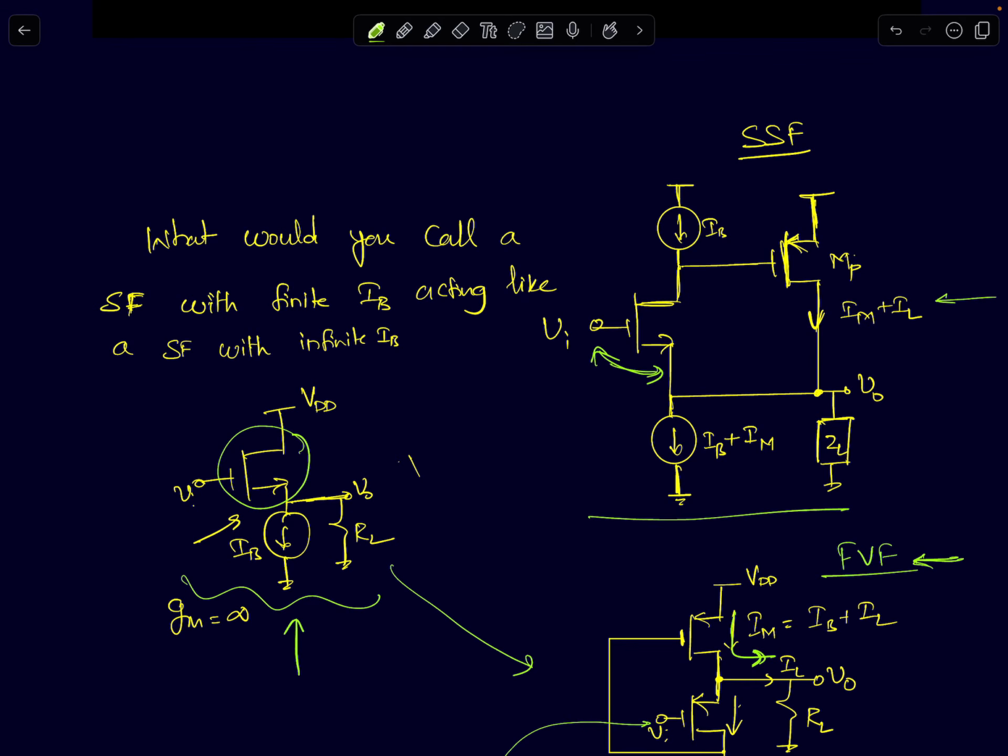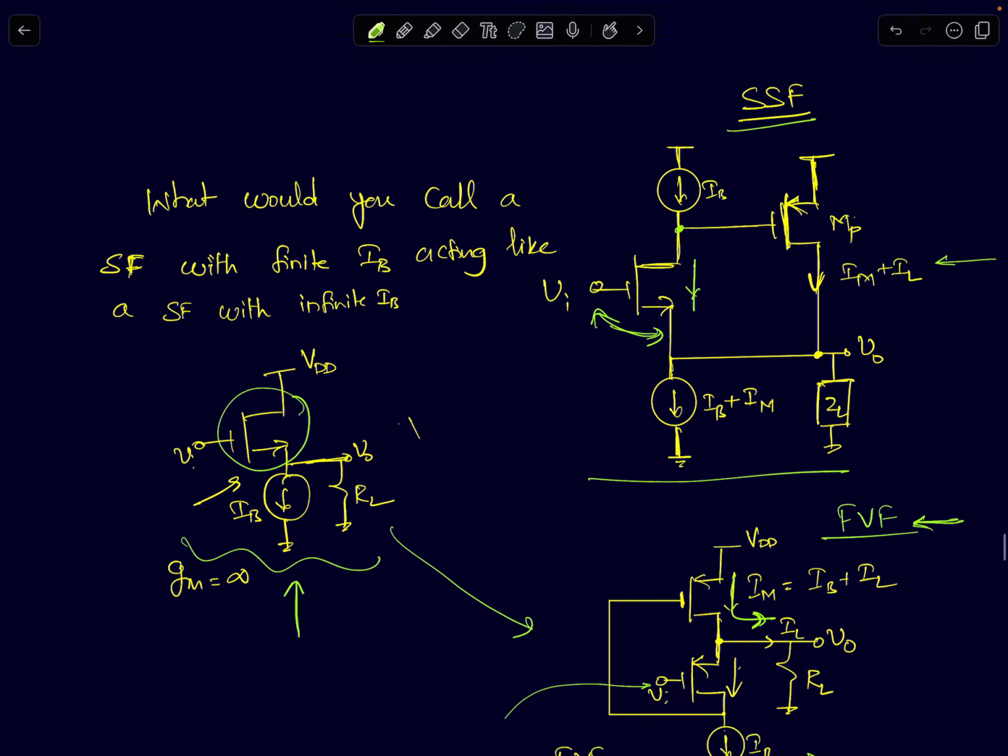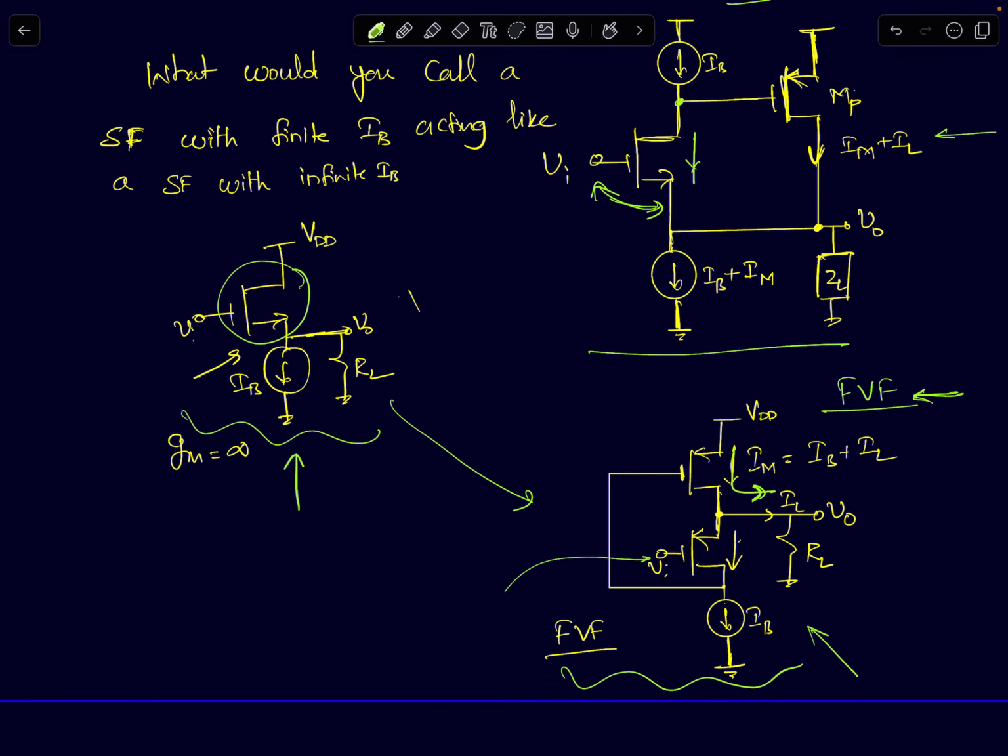The load current is not carried by this MOSFET at all; you have another device which is carrying it. So that's called a super source follower. That's the difference between a flipped voltage follower and a super source follower. Towards the end of the lecture, I'll try to compare the differences between these two architectures, but right now I'm just introducing the names of these two structures.